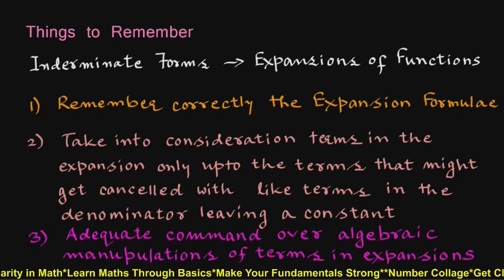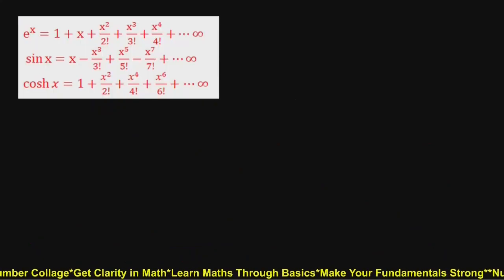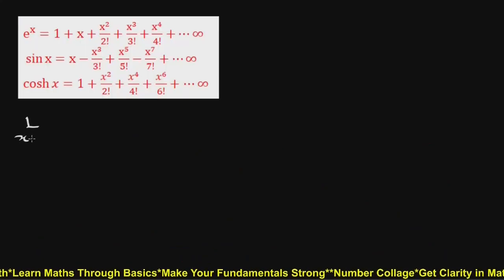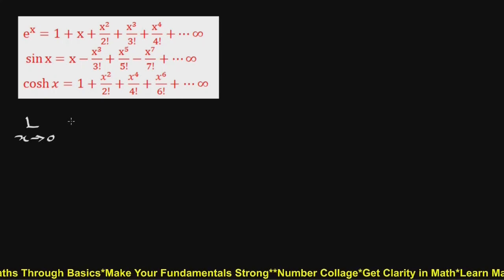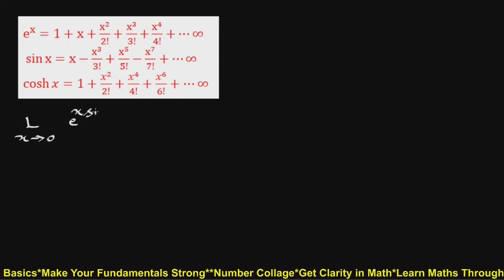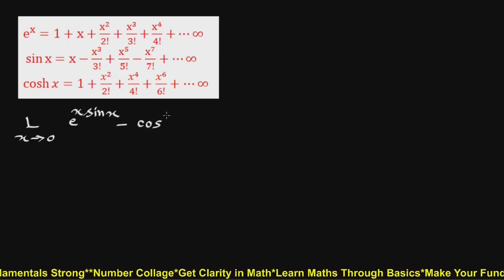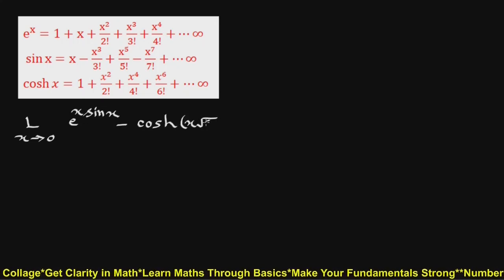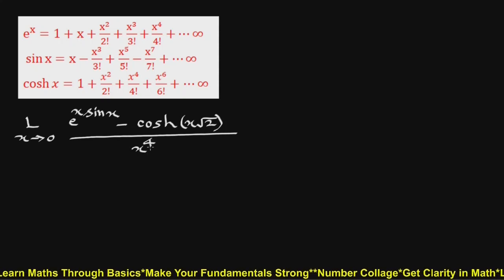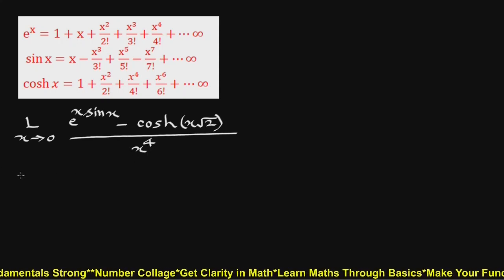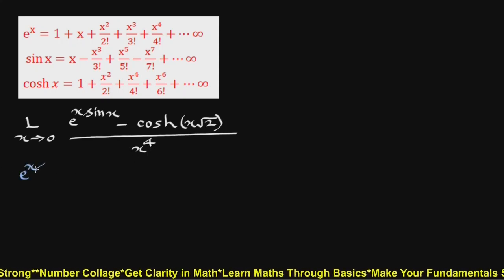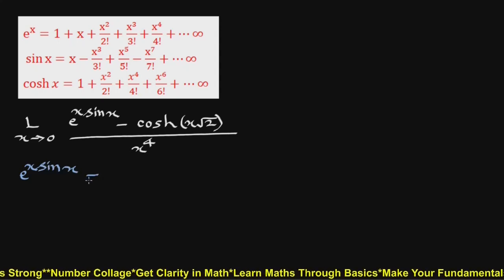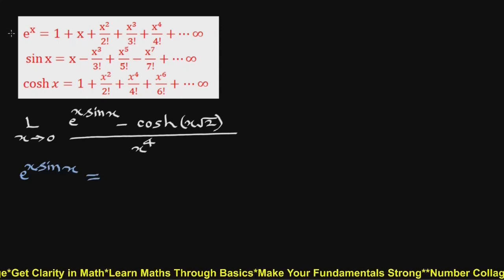Evaluate the limit as x tends to 0 of e raised to x sin x minus hyperbolic cos h of x root 2, upon x raised to 4. First we find the expansion of e raised to x sin x.